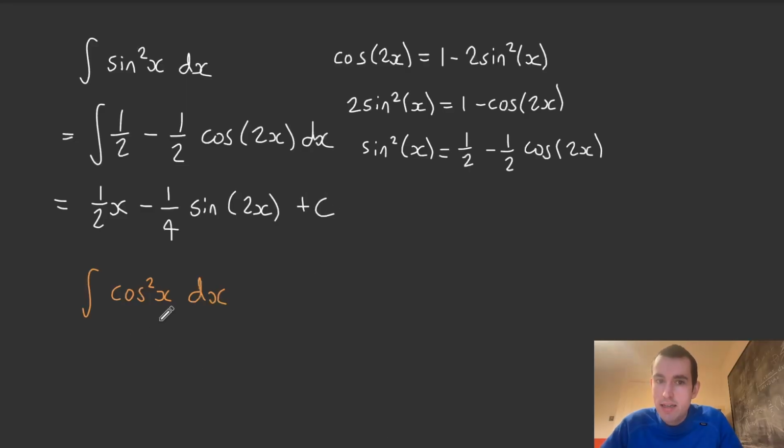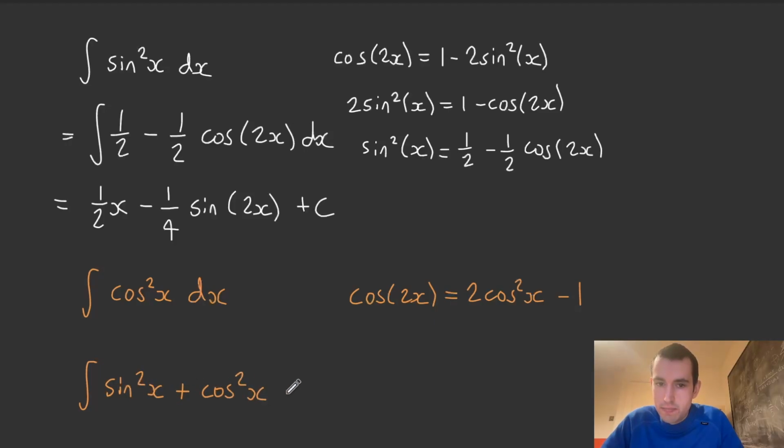Now as a test, try and integrate cos squared x by using another version of the cos 2x formula, this one in fact. If you integrate this and then add the two answers together, you should get x, because sine squared plus cos squared is 1.